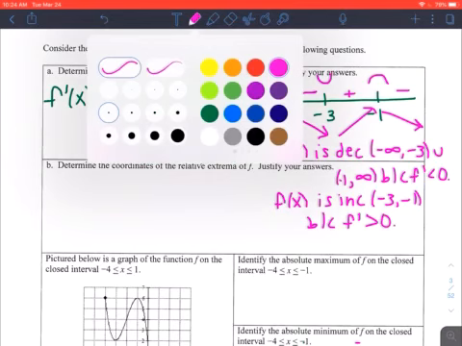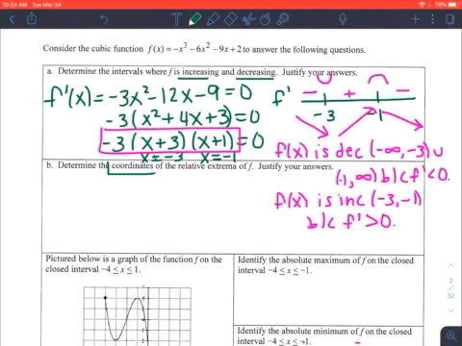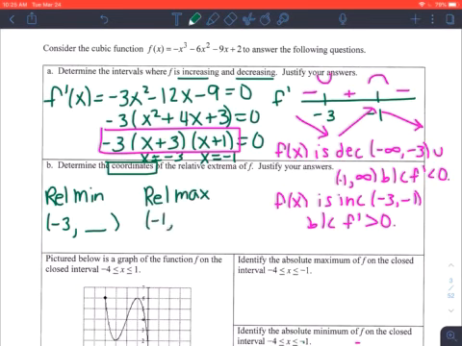Okay, the next question says, determine the coordinates, remember we need x and y, of my relative extrema. We know how to do this. So we have a relative min happening at negative 3 something, and we have a relative max happening at negative 1 something.